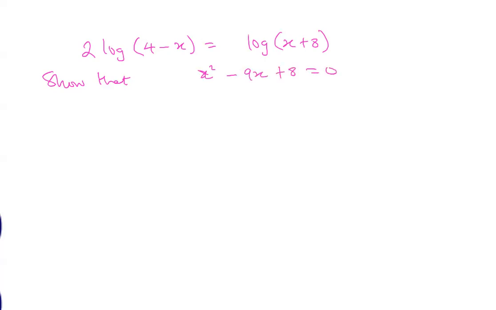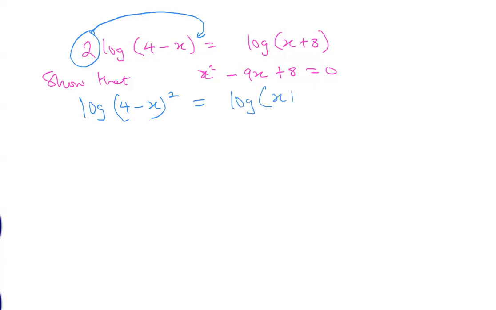So what you have to do, basically, is look for a way, because in these two, you can see that this 2 is here. So you can transfer the 2 to the power like this. So it becomes 4 minus x. It's part of the laws of indices we wanted to cover initially. Sorry, laws of logarithms. So it's going to be log of this equals log of x plus 8. Can you see?